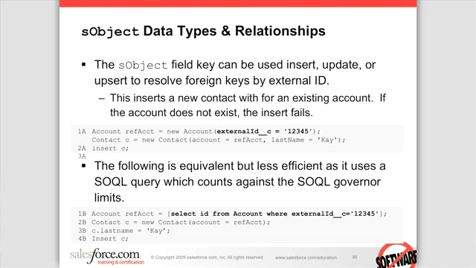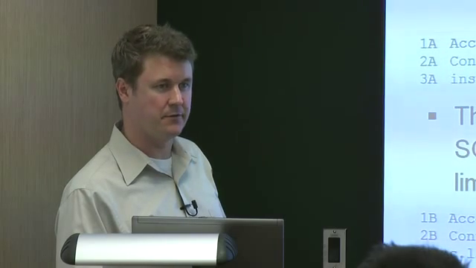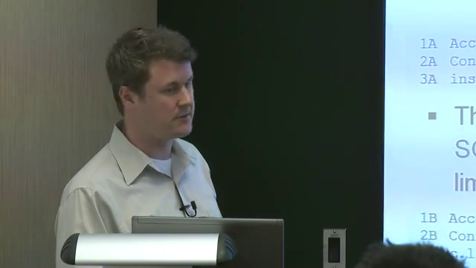If we take a look at this code here, we're instantiating a new account called ref account, and we're setting the external ID for that account equal to 1, 2, 3, 4, 5. Conveniently enough, we called the field external ID.